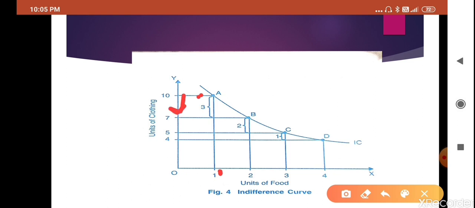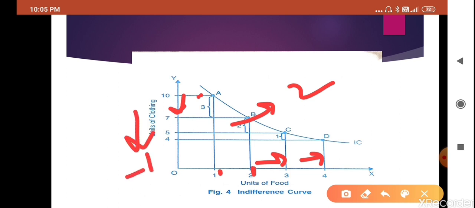Then while you are going for one more additional unit, you have to sacrifice 2 units, and then again you increase by 1, then you have to sacrifice 1 unit of y. So y is decreasing continuously and x is increasing continuously. So that's why we have an inverse relationship, and due to this inverse relationship, the indifference curve is negatively sloped.